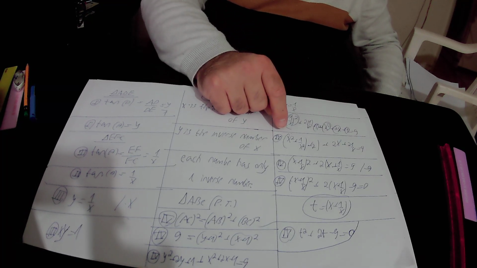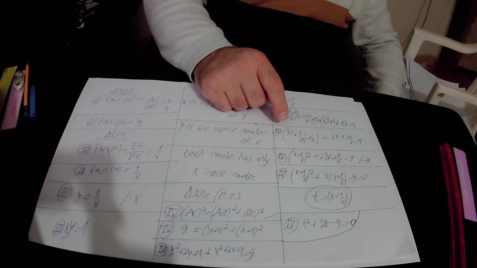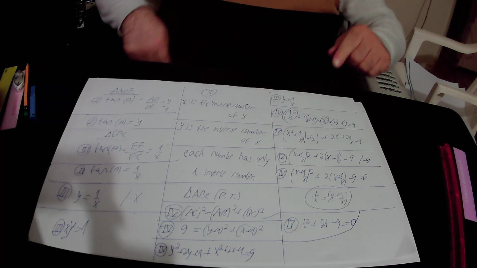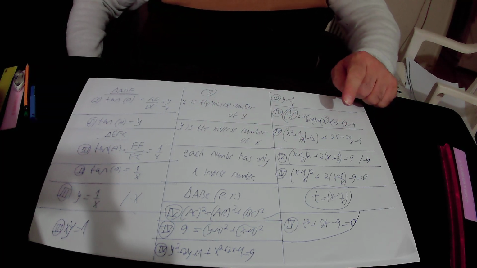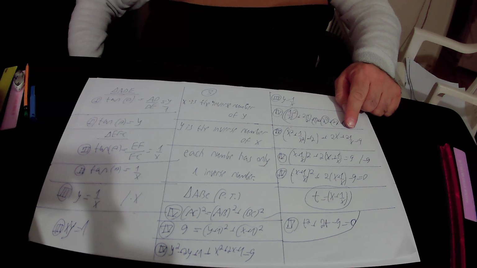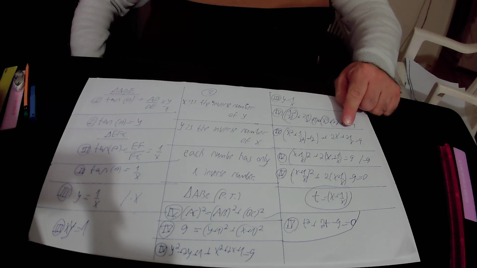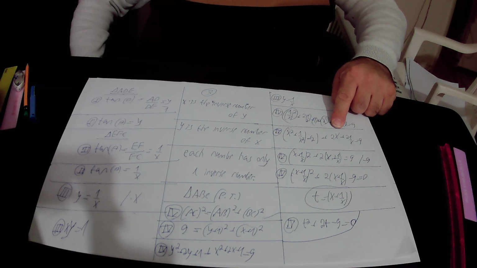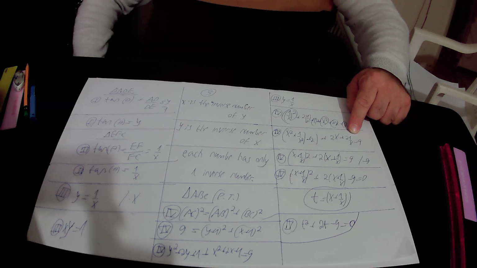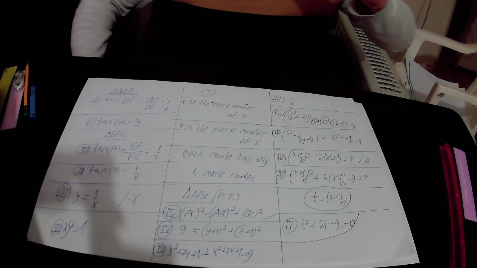So inside the brackets, X square plus 1 over X square plus 2 is actually this expression, which equals (X plus 1 over X) square, and plus here we have 2X plus 2 times 1 over X. We took 2 as a common factor out of those two expressions, and from this expression what is left is X, and from the other expression, what is left after we took 2 as a common factor is 1 over X.